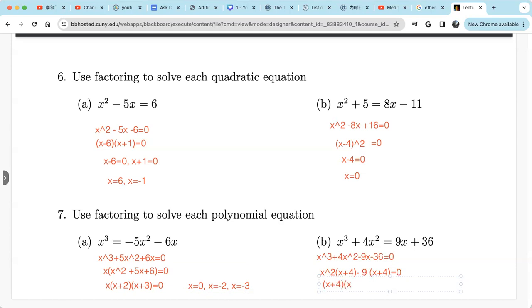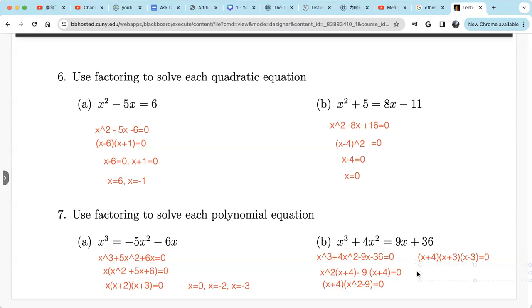Then we have x squared minus 9. And x squared minus 9 is a difference of 2 squares. So we keep writing x plus 4. So x squared minus 3 squared, that's x plus 3 times x minus 3.